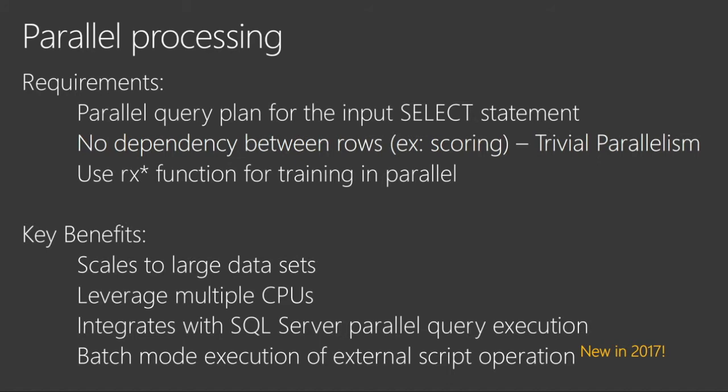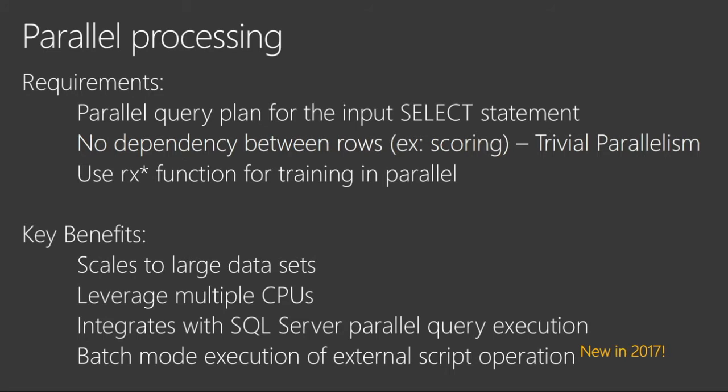If you're using the RX functions, you can leverage the compute context, and then you can set the number of tasks, and you will go into depth with the parallelization on the RX functions. But if you leverage parallel processing on any R script, then what we're going to talk about is the trivial parallelism.